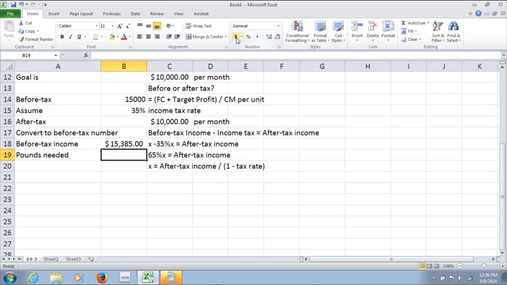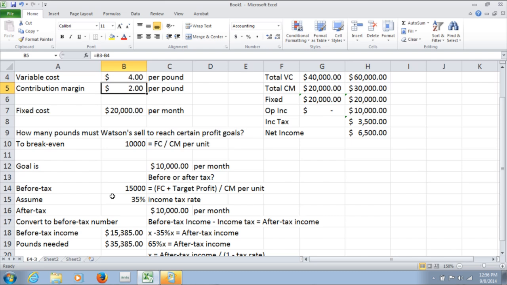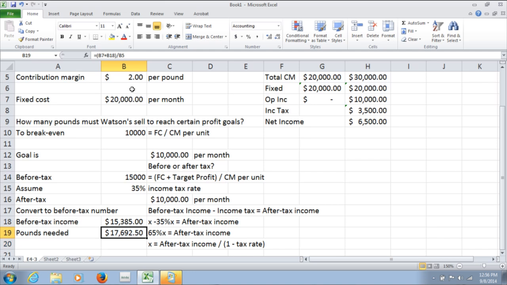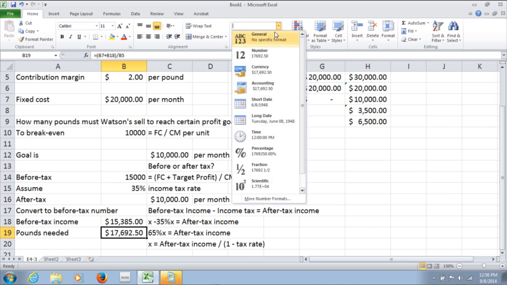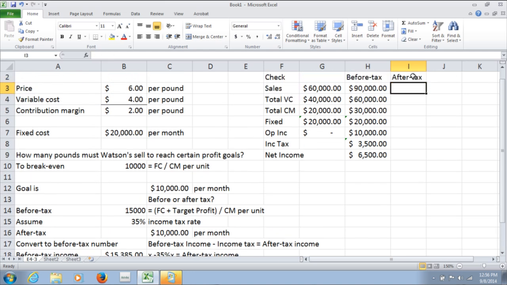So then when we look at the pounds needed, we again go back to our fixed cost plus this before tax income number and divide by the contribution margin, divide by the contribution margin per pound, which gives us 17,692.5 pounds.